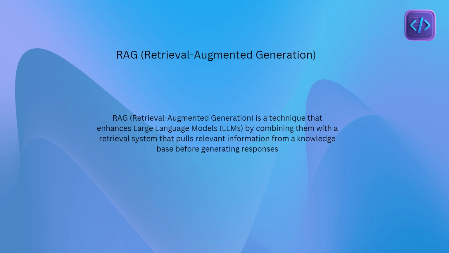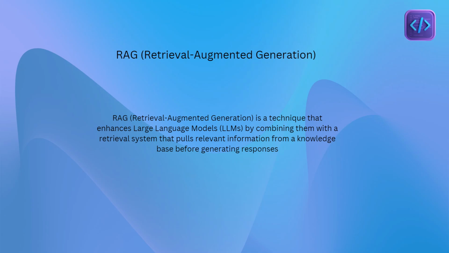Now that we understand what a vector database is and how it works, we need to understand RAG, which is retrieval augmented generation. We'll see a very brief introduction, and then we'll move towards the example. RAG is a technique that enhances a large language model, that is an LLM, by combining it with a retrieval system that pulls relevant information from the knowledge base before generating the response.